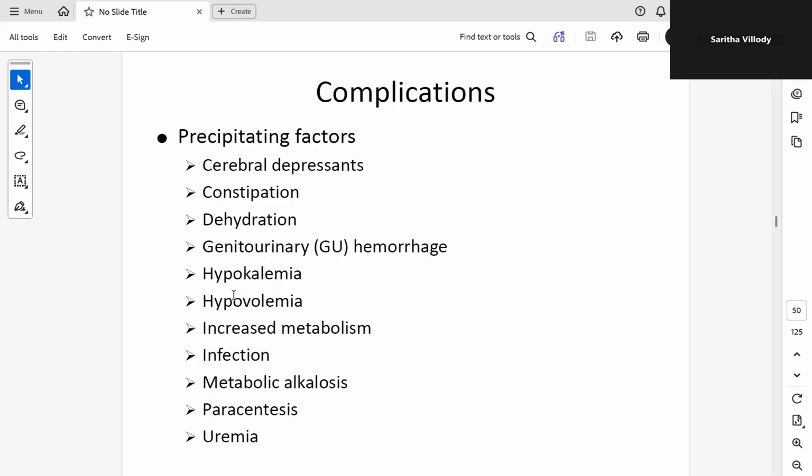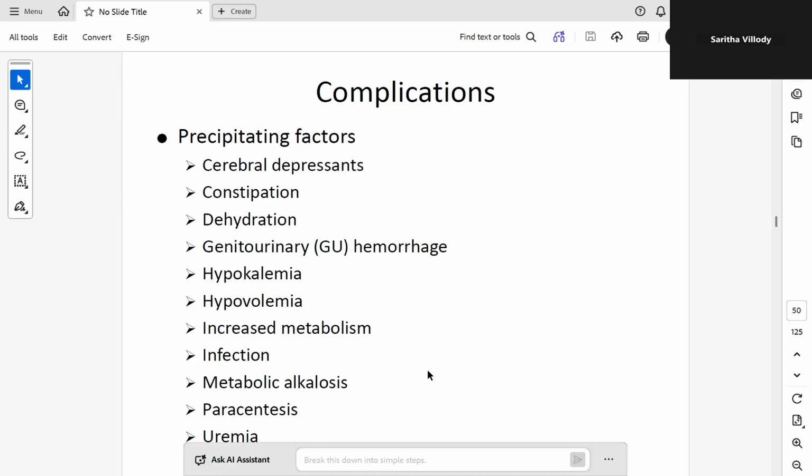And there is hypovolemia because the fluid is swept into the interstitial spaces. Infection, because the liver also has the function of providing immunity, it helps in the formation of immune cells, and helps in the immune system. So low immunity is a common feature of liver failure, so patients are prone to infection.